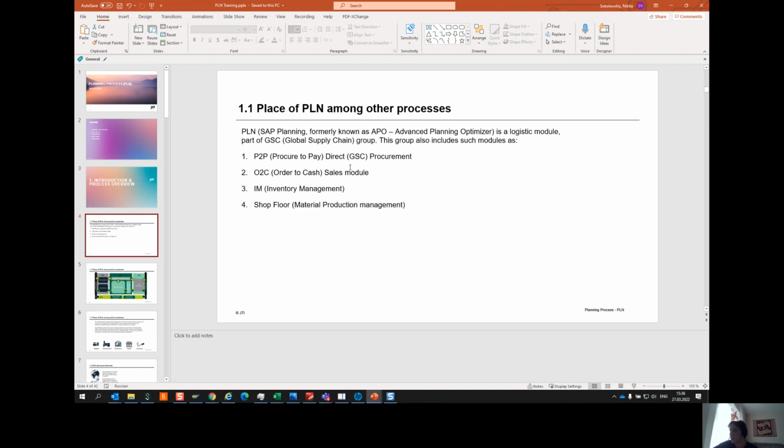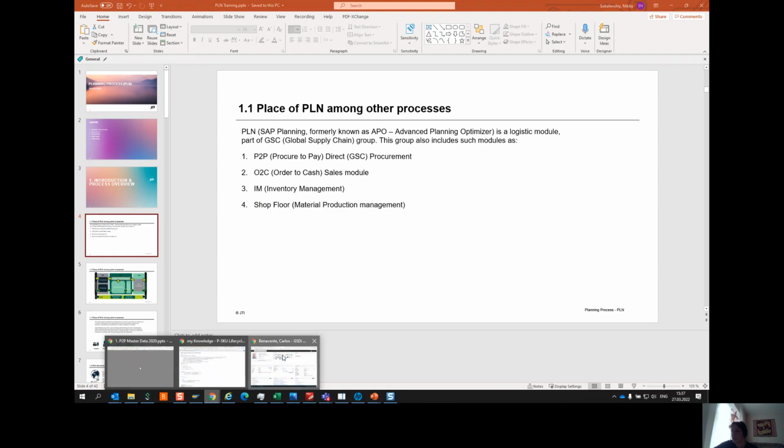That is why direct procurement in ITSP is also called GSC procurement, global supply chain. Then O2C, order to cash, also known as the sales module, inventory management, which is actually part of F2S, and shop floor, also known as manufacturing or material production management. So in this group, PLN will be the fifth, I would say, big process.